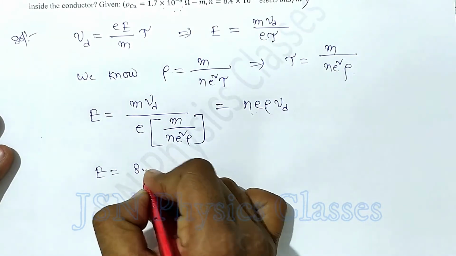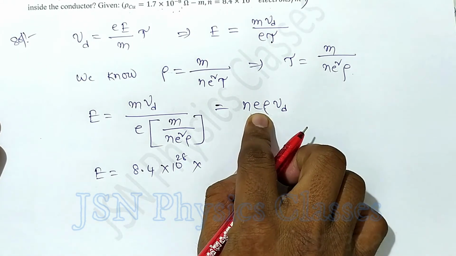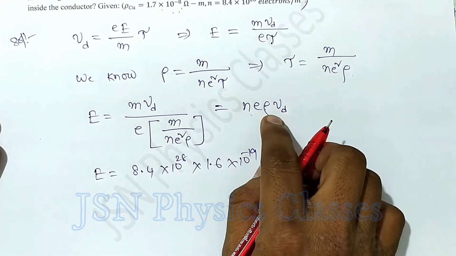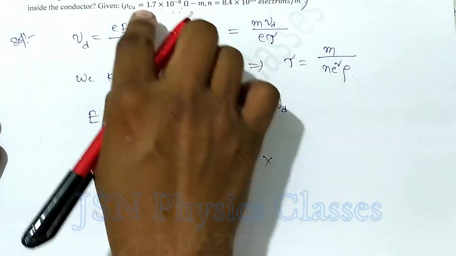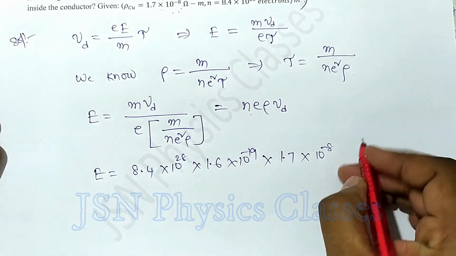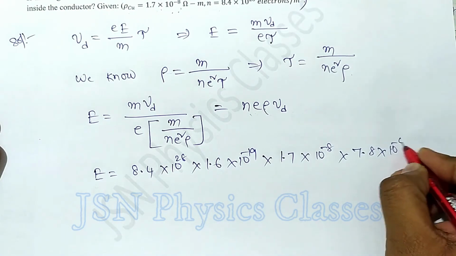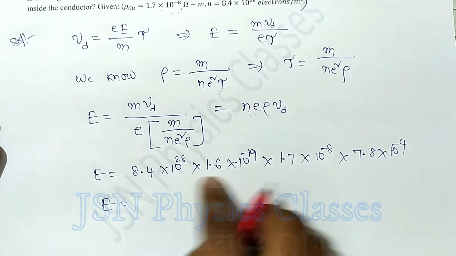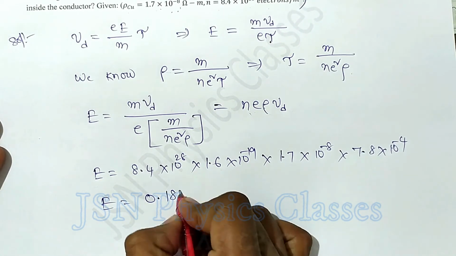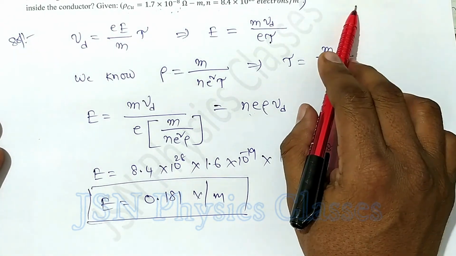The n value is 8.4 × 10^28, and e means the charge of the electron, that is 1.6 × 10^-19, and the resistivity of the copper wire is 1.7 × 10^-8, into the drift velocity already given, that is 7.8 × 10^-4. Now if you simplify all these things, you will get 0.181 volts per meter. So this is the electric field inside the conductor.